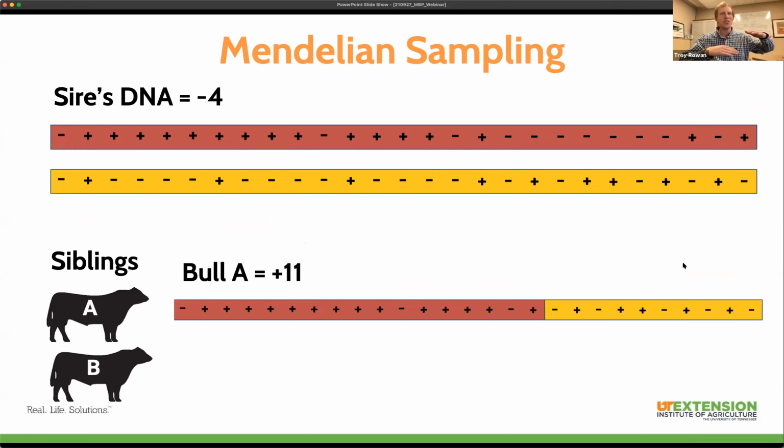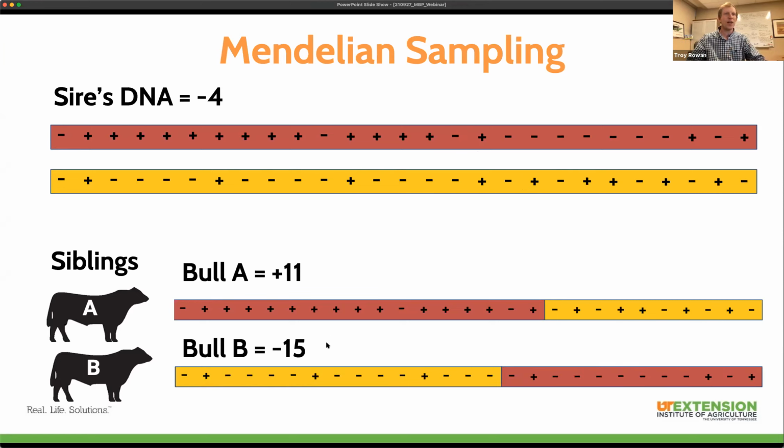These chunks of DNA will swap with each other, and we can have basically an infinite number of combinations that animals can inherit. So this guy got the good shake out of this DNA swapping, because he got this whole big chunk with a whole bunch of pluses on the red sire chromosome. And then it swapped right here with the yellow chromosome, so we got a handful of pluses down here as well.